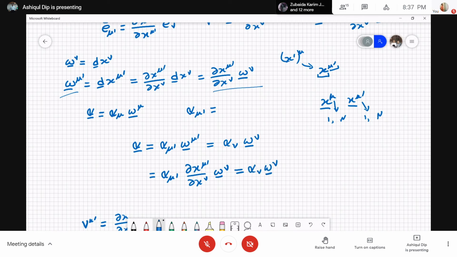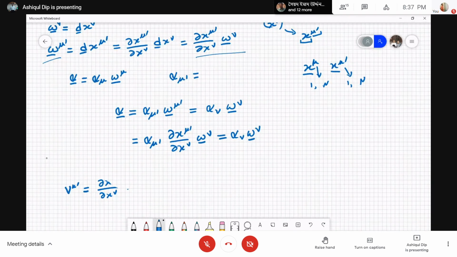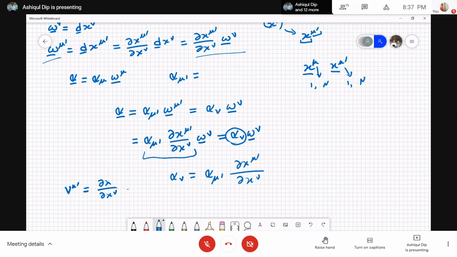So equating the two sides, what can we conclude? α_ν, this part equals this part, right? But we want this thing, not α_ν. So what should we do?